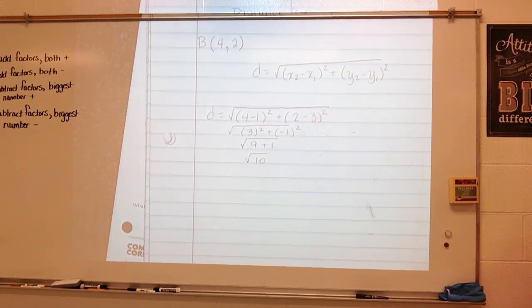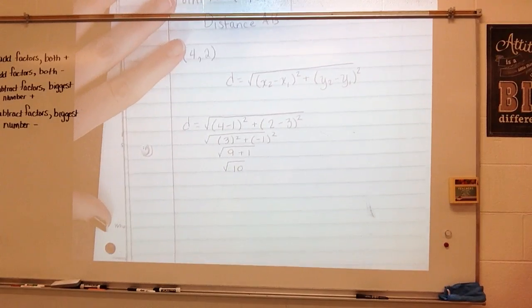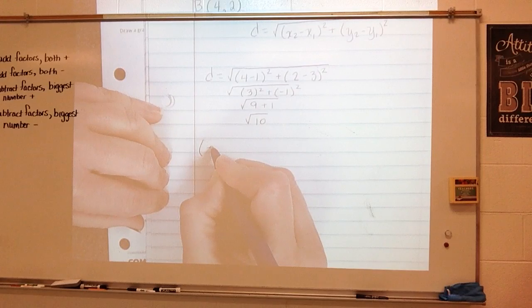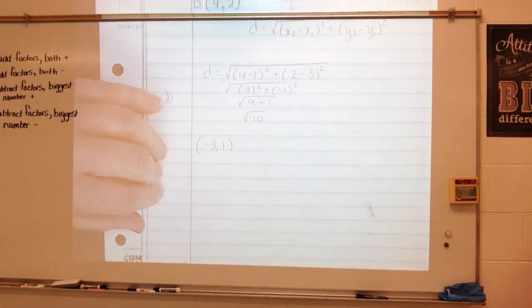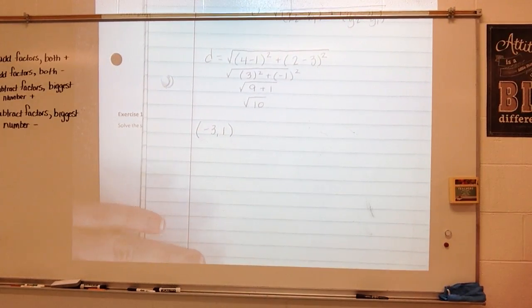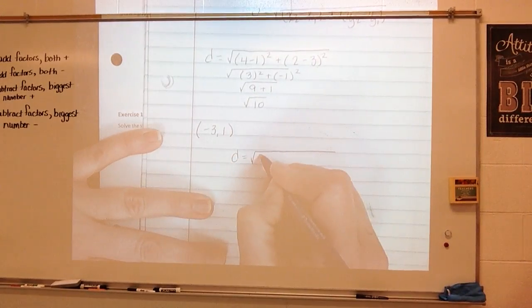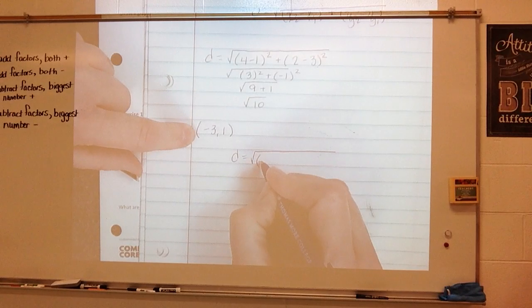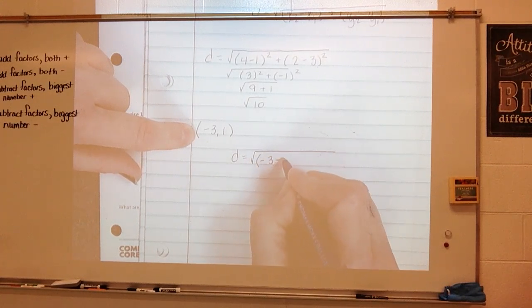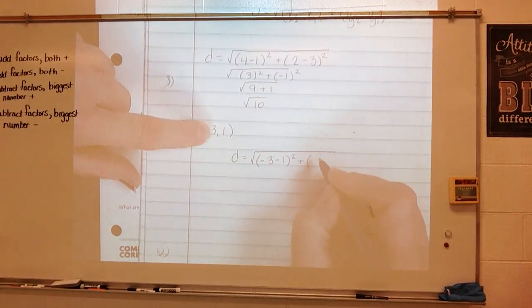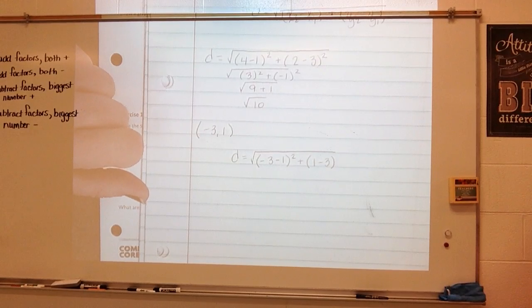Let's do one more. Let's say that B has the coordinates of (-3, 1). So distance is equal to the square root of negative 3 minus 1 squared plus 1 minus 3 squared.